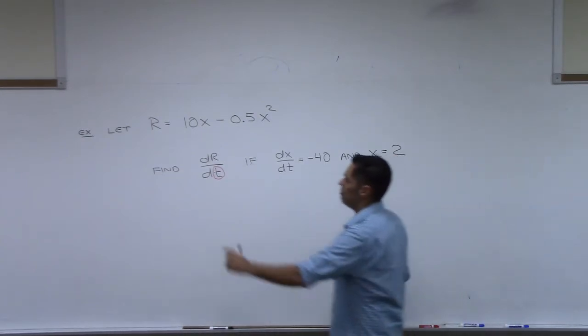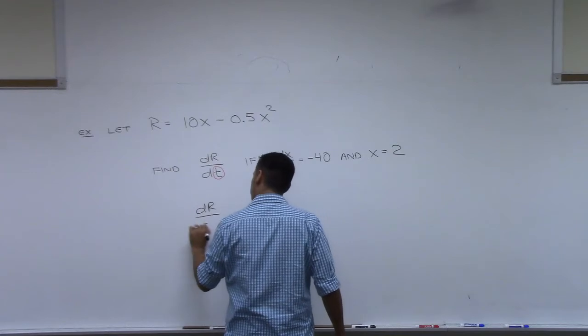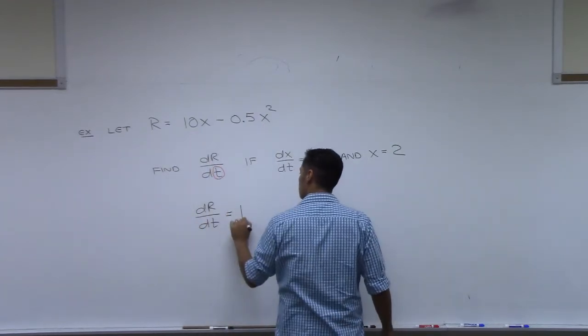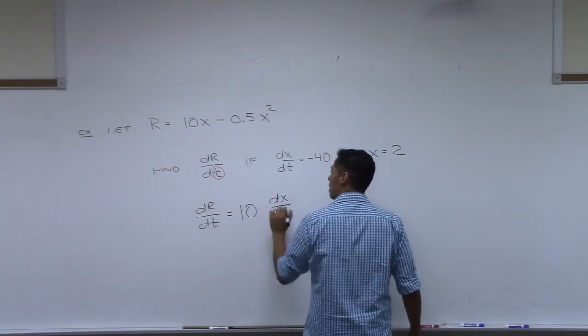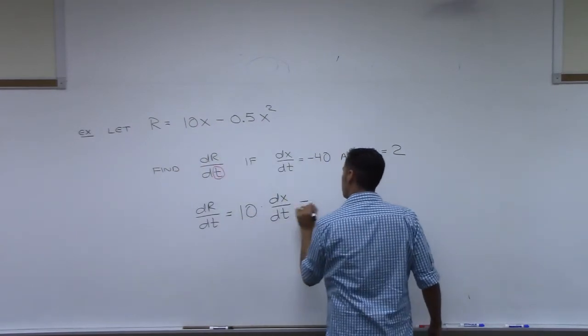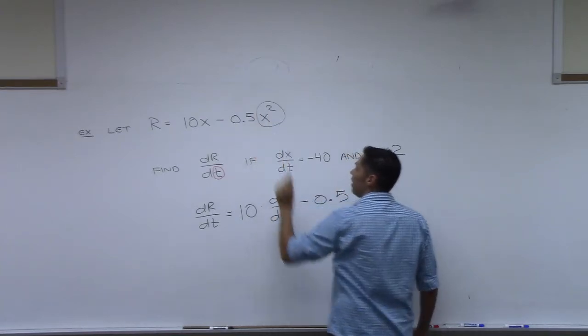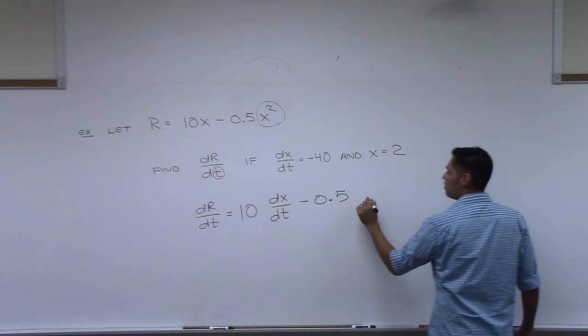So let's do it. Derivative of this, dr/dt, equals 10 times dx/dt. That's a derivative of x with respect to t. Minus 0.5 comes for the ride. And now I need to take the derivative of x squared with respect to t. Times 2x.